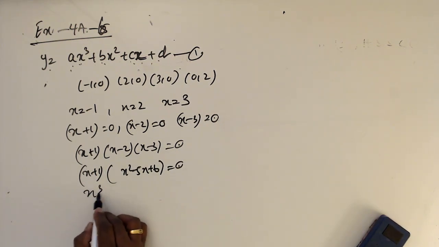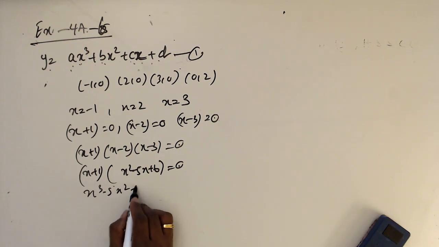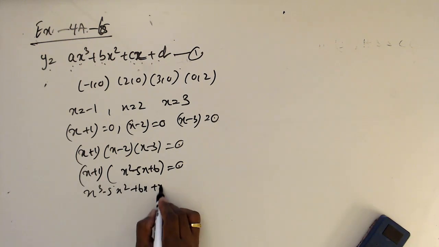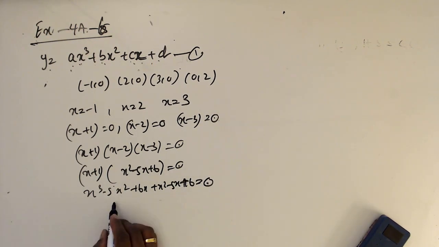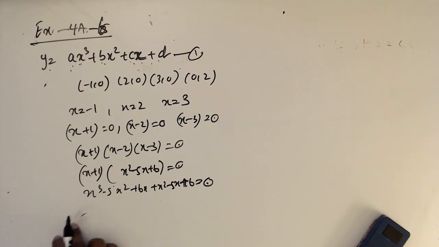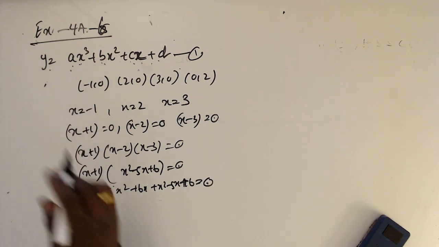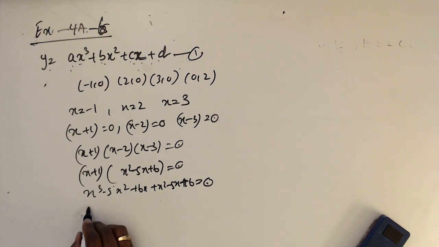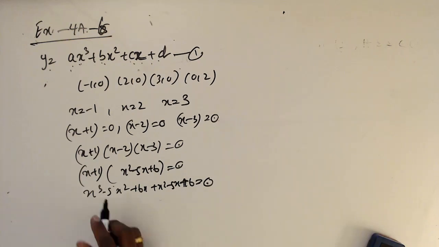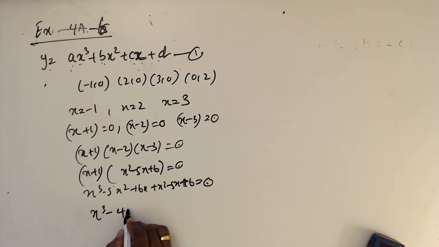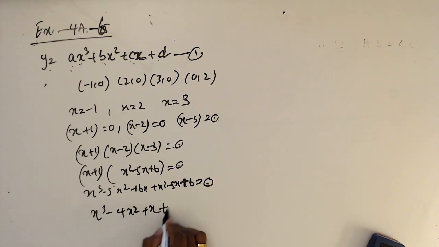Then x cube minus 5x square plus 6x plus x square minus 5x plus 6 equals 0. Okay, we leave it. x cube minus 4x square plus x plus 6 equals 0.